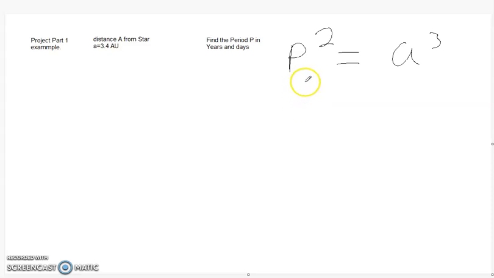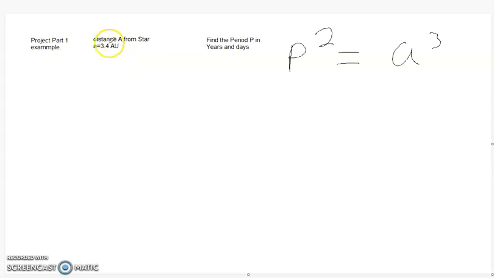All right, so in this particular Kepler's third law, the way this works is the period is in years, and the average distance A is in units called astronomical units, AU.